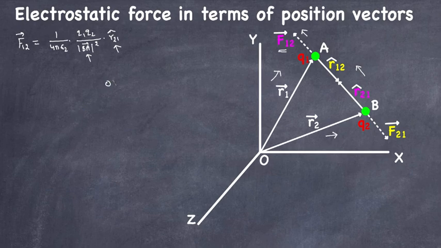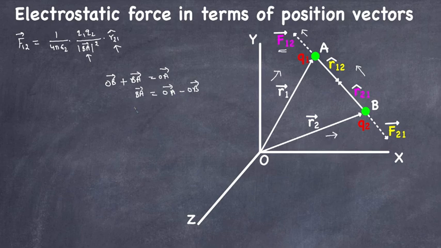So OB plus BA is equal to OA, or we can say BA is equal to, let's subtract OB from both sides, so OA minus OB.